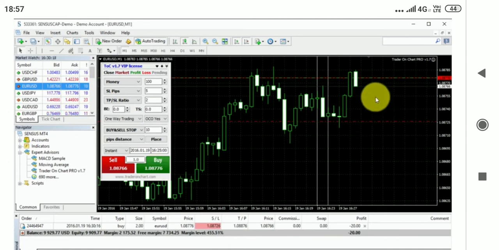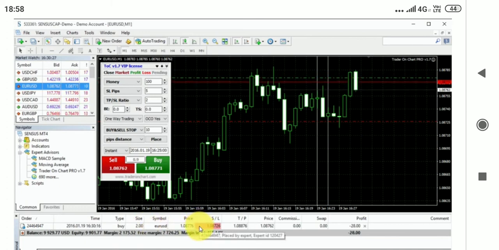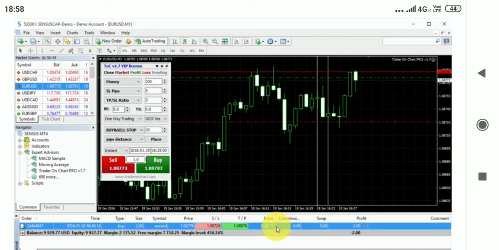And now it shows to have a lot size of 2, and this means that if my stop loss of 5 pips gets hit, the trade should lose approximately $100. And if it hits take profit, obviously it should win 2 times that.